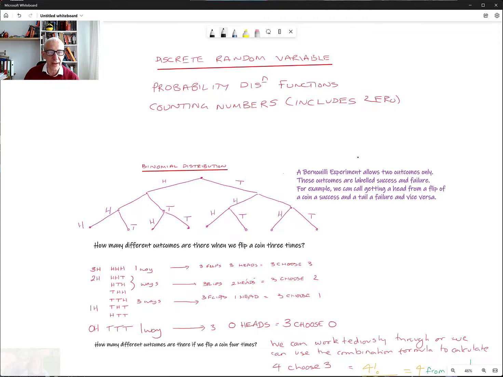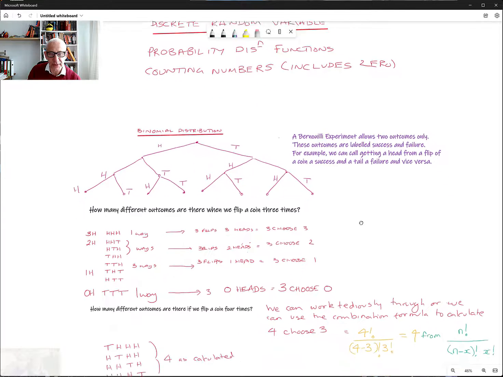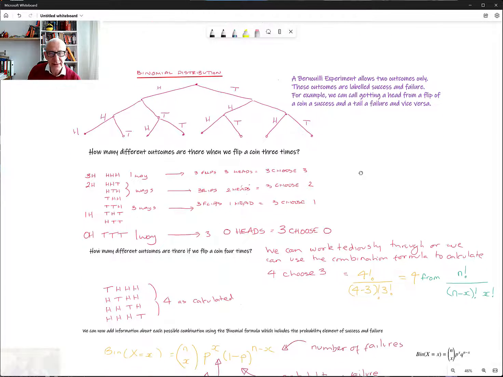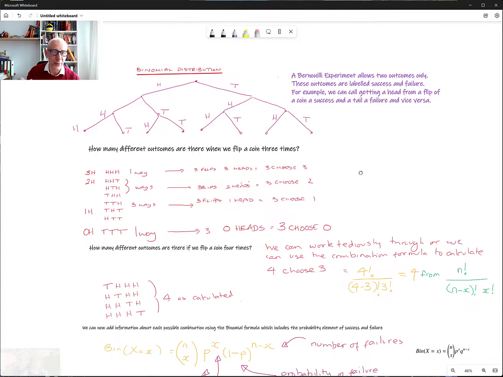The one we're going to take a look at, because it's quite simple to understand, is the binomial distribution. In the binomial distribution, we're looking at what are called Bernoulli experiments, which allow for only 2 possible outcomes. The common one, we've already seen it a little bit, we're just going to take the maths a bit further this time, is to flip a coin, heads or tails, and we assume that either of those outcomes, heads or tails, are equally likely.